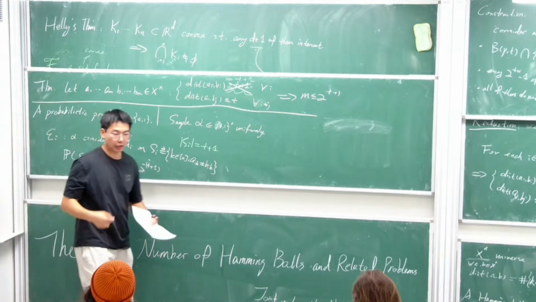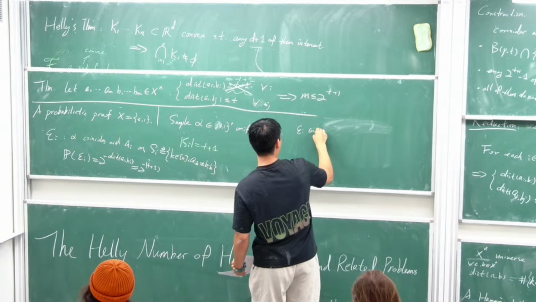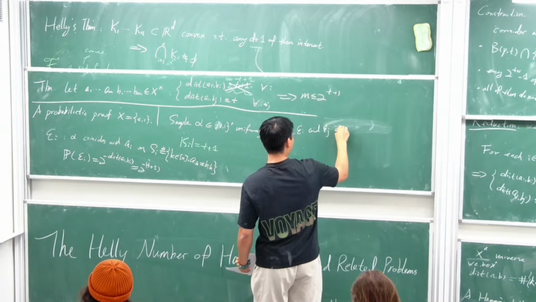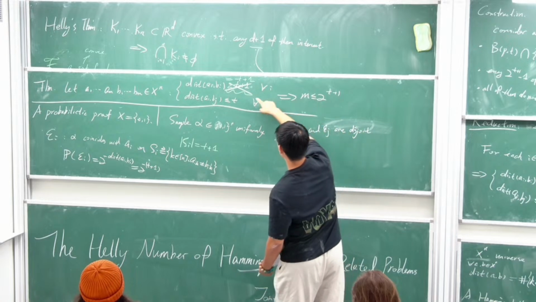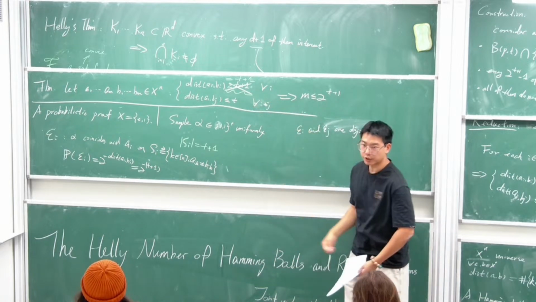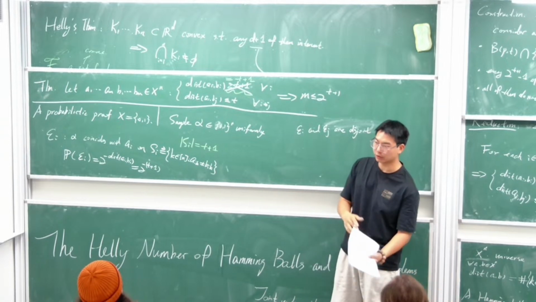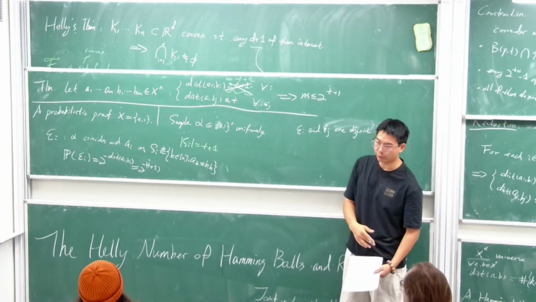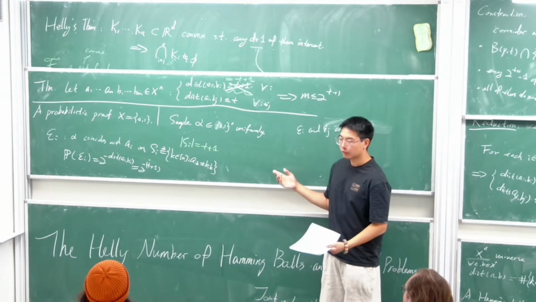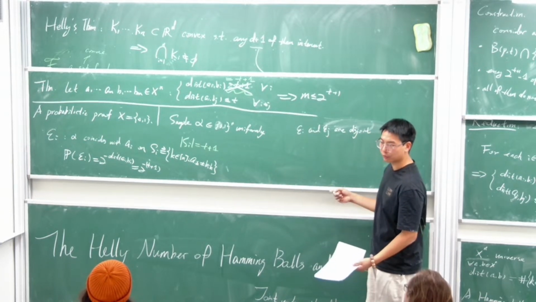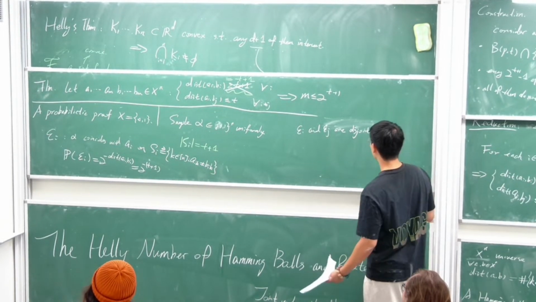And with some work, which I will not show here, one can see that every EI and EJ are disjoint with these two conditions. You can just do a case analysis on which bit is the same as AI, which bit is the same as BI, which is the same as BJ. There are not many categories; for each bit there are only a finite number of categories. You just need to carefully think about all the cases, and it's easy.